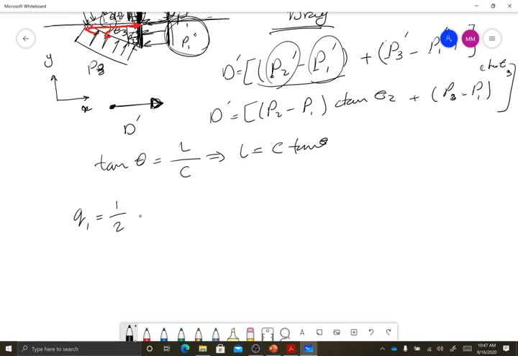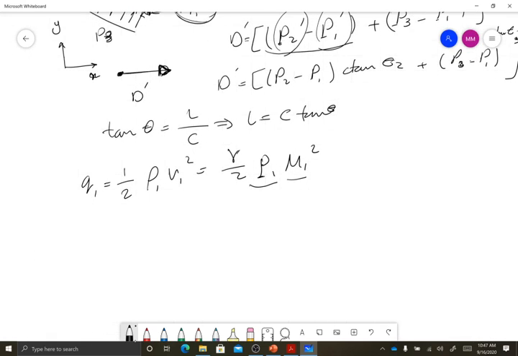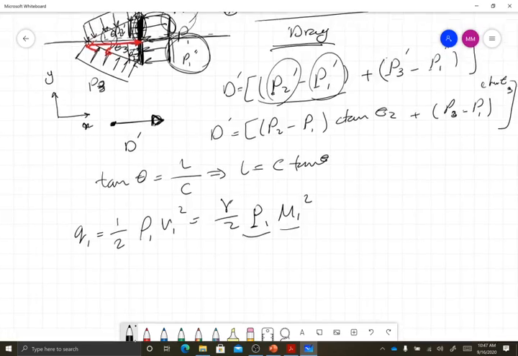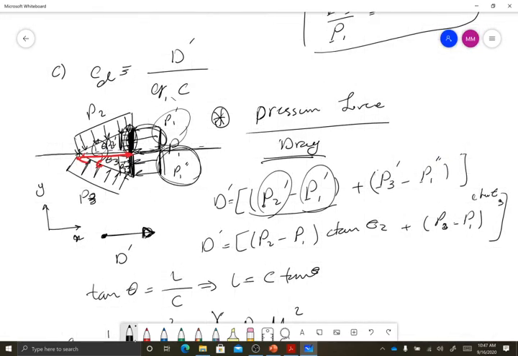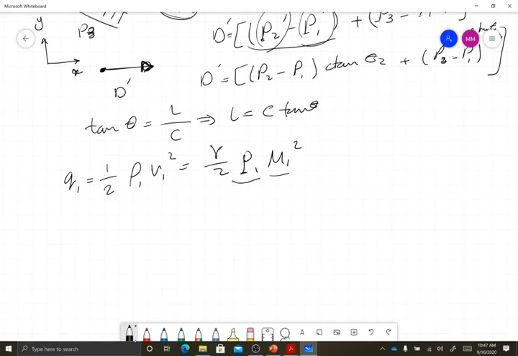The general formula is one half rho 1 V1 squared, but we can play with this formula and transform it to this function, gamma over 2 P1 M1 squared, okay? In which we have P and M, right? So we don't need to calculate density or anything else. And what else do we need? We also need C, which we already have, right?